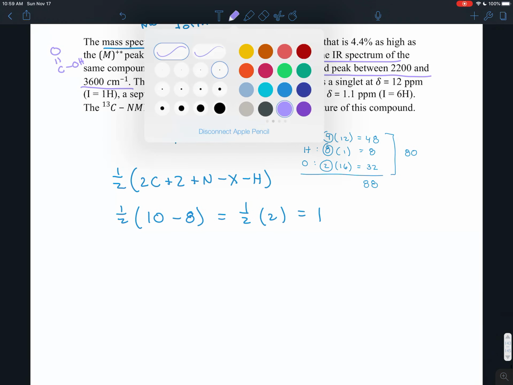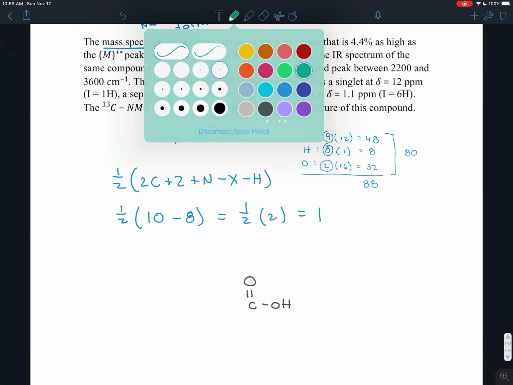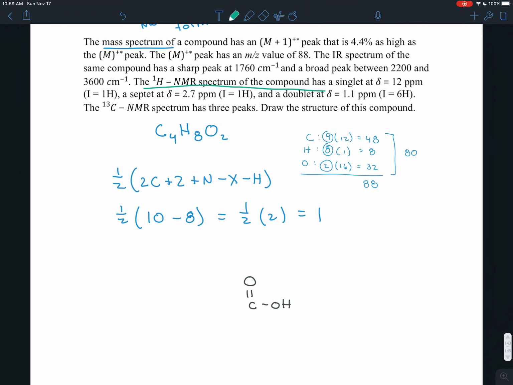So we know we have the carboxylic acid. So we know we have a carbon double bonded to oxygen, single bonded to an OH. Well, now we've taken care of our oxygens. We've taken care of one of our carbons. We just have 3 more. So we look at the H-proton NMR spectrum. The proton NMR spectrum, H1 NMR spectrum, has a singlet at 12, so that's confirming our carboxylic acid hydrogen, and then we have a septet and a doublet.